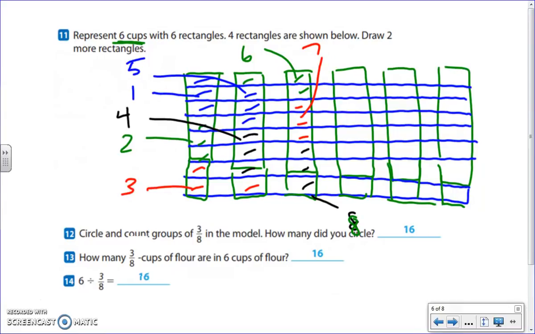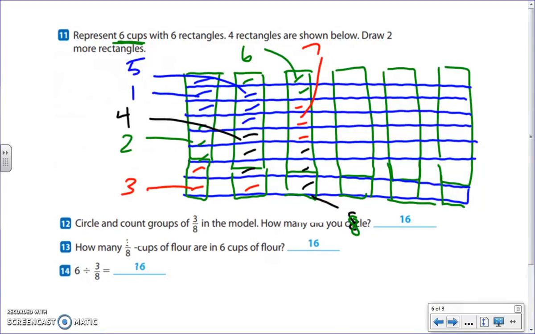So it says how many 3/8 cups of flour in 6 cups of flour? 16. And then 6 divided by 3/8 equals 16. And again, we could use the keep, change, flip method here. Keep the 6, change the division into multiplication, and flip the second fraction, or find the reciprocal of the second fraction.